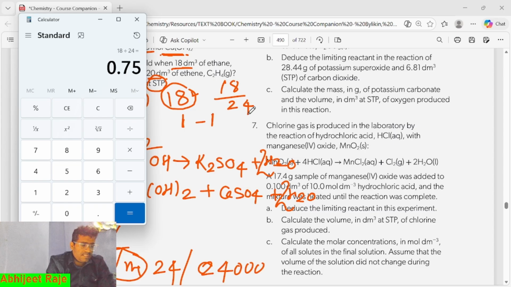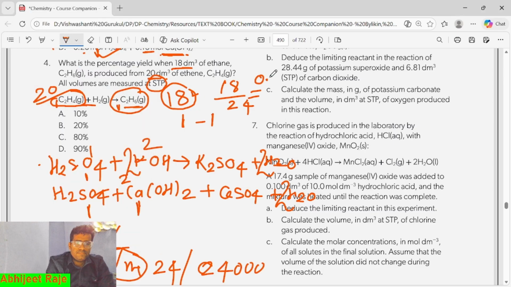So 0.75 is what my actual is. I'm getting 18, which is produced from 20 dm cube.